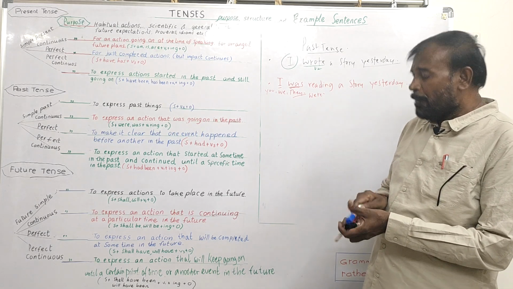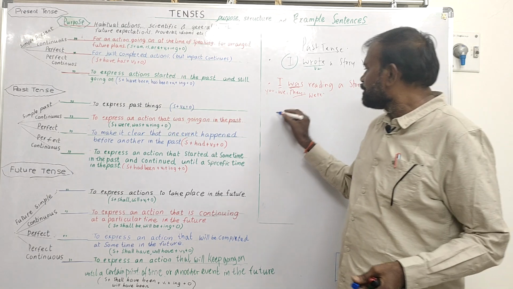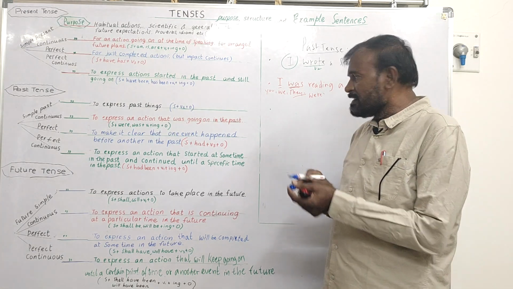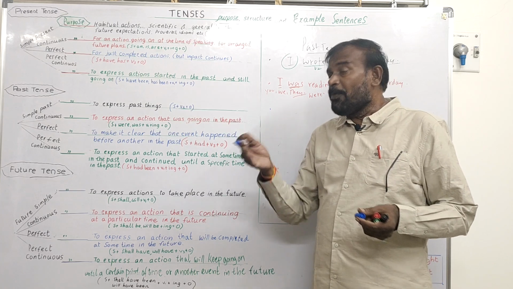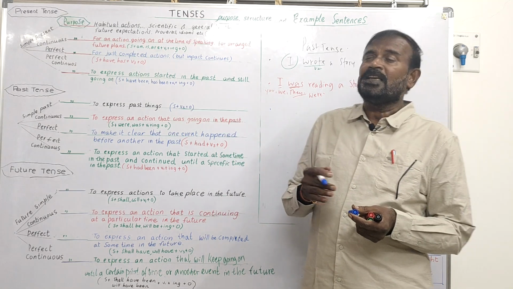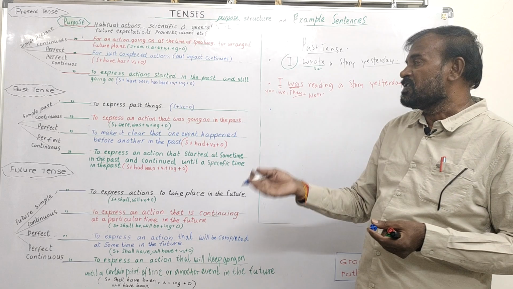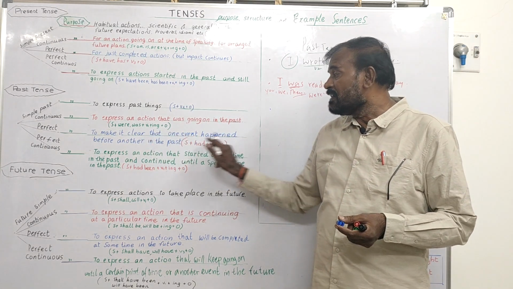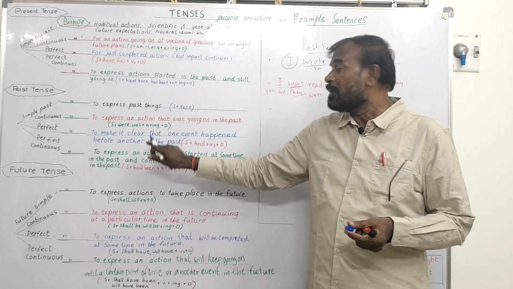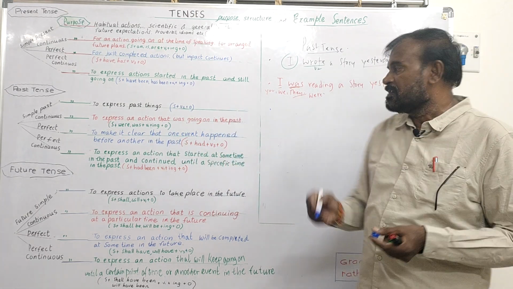Come to the past perfect tense. It is used to express the past thing, the first completed thing among the completed past things, to make it clear that one event happened before another event in the past.